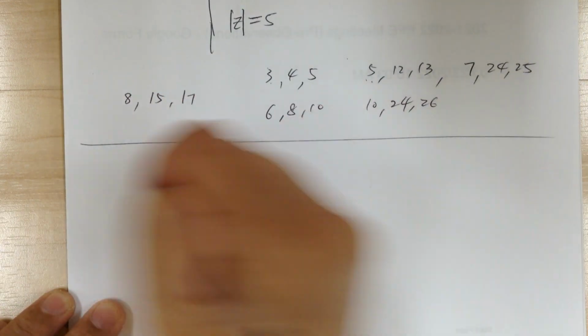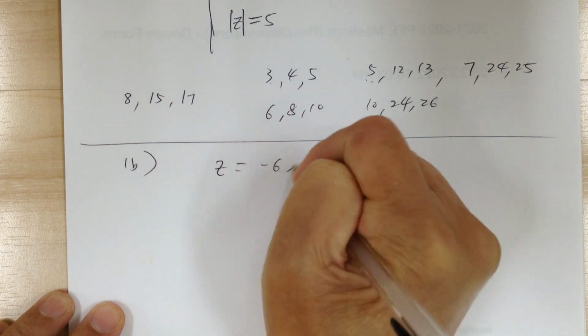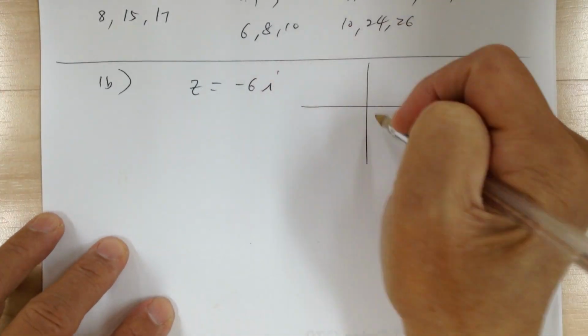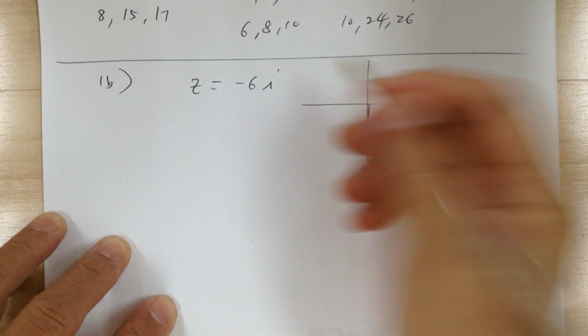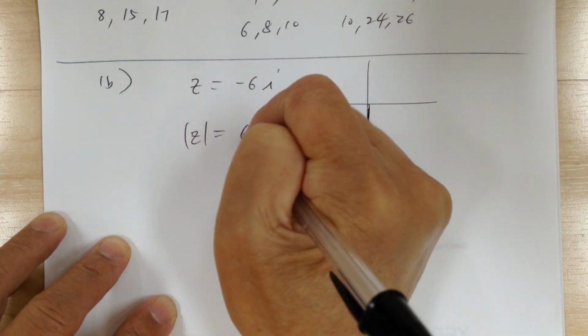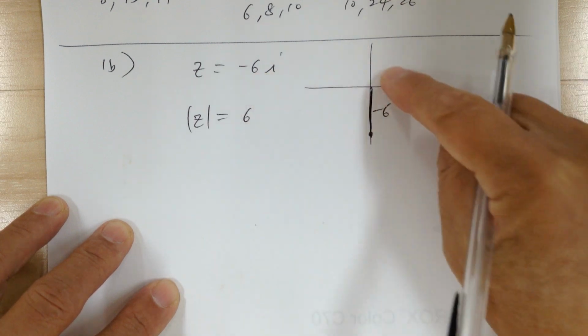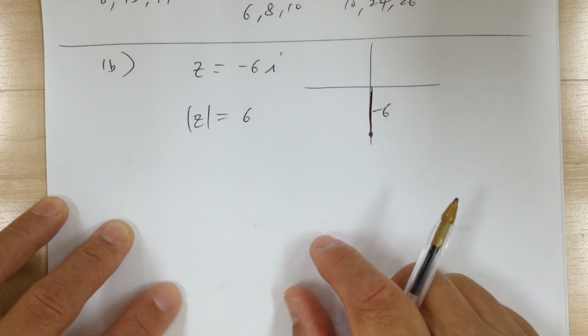Let's go to example 1b. You've got z equal to negative 6i. Again, if you sketch it out, negative 6 is right over here. And what's the length of that? Well, the answer is 6, so the absolute value equals 6. Negative gives you the direction, but the absolute value means length, which is always positive.